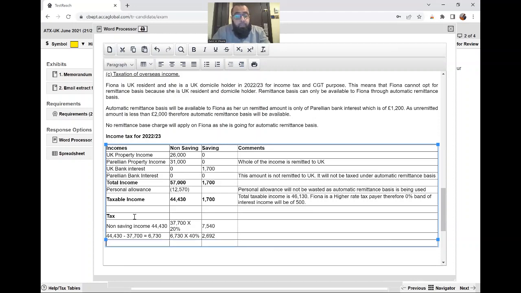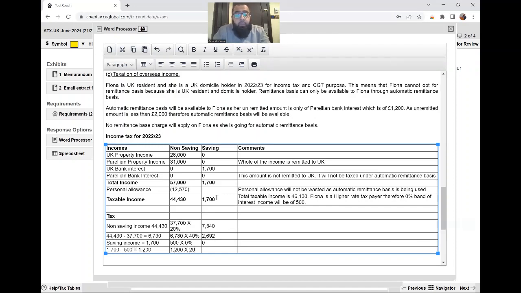Then we have saving income of how much? 1,700. But on first 500, we will apply 0%. So this gives 0. And the remaining saving income, 1,700 minus 500. So it's 1,200.